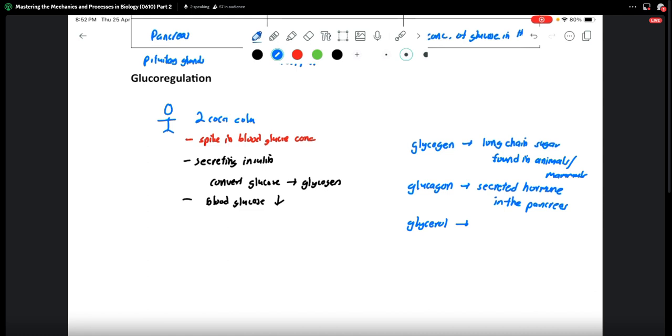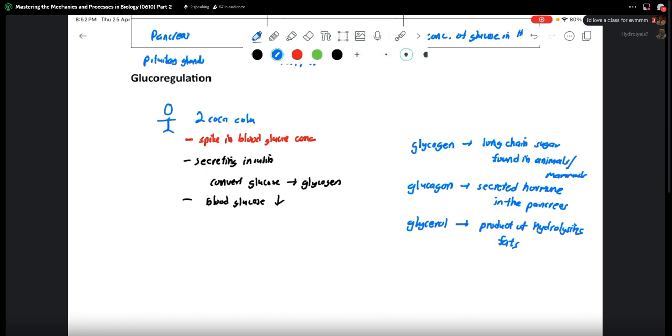Glycerol is the product of hydrolyzing fats. Make sense? Make sure spelling has to be correct. Please be careful and do not write the wrong term. Deduction of marks will occur if you write something wrong like this.